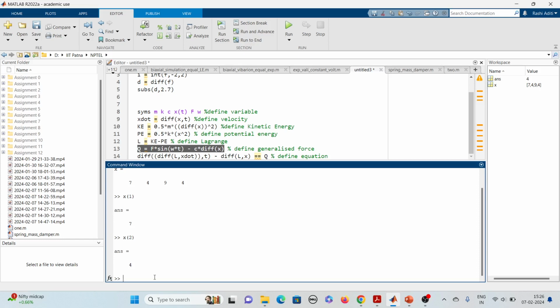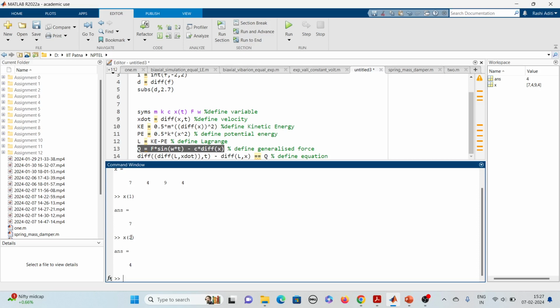Similarly, for MATLAB, there is indexing in case of the arrays. So the digit that I'm writing inside this bracket is going to give me whatever value is present at that particular index of the array.